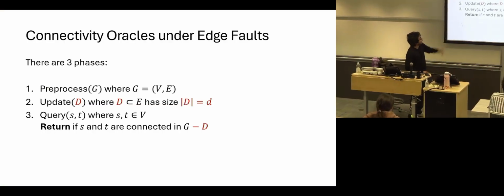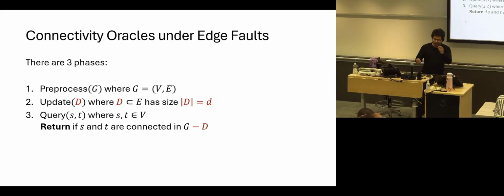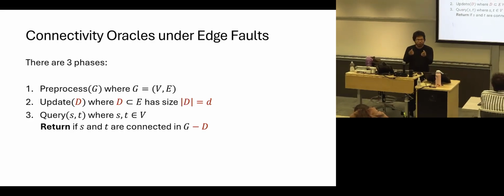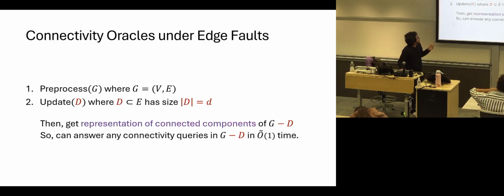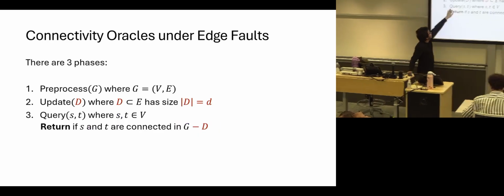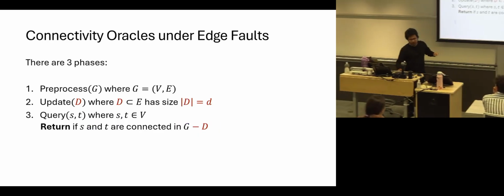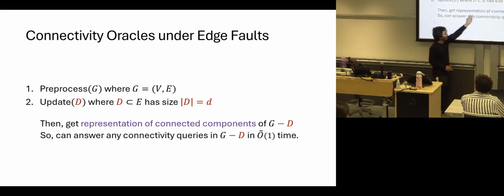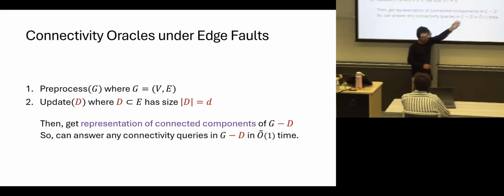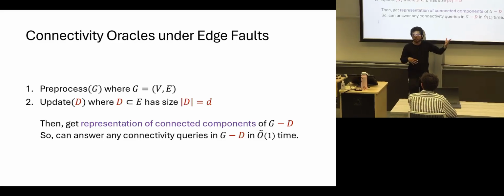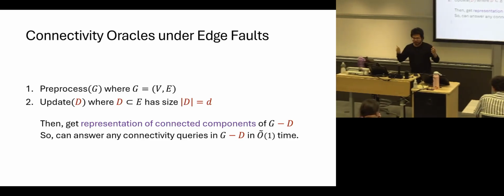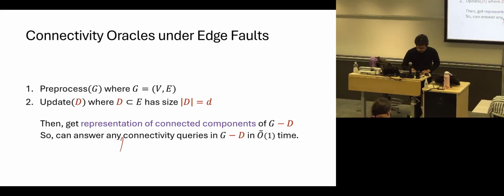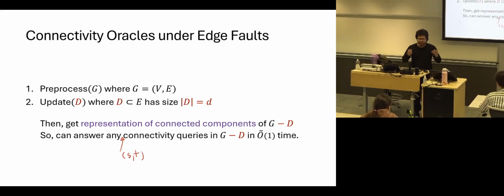So here, let's look at our original goal, where we don't actually know which S and T we will query. And what I'm going to do is something a bit stronger. Instead of preparing something here, let's say that after phase 2 we try to get the representation of all connected components of G minus D, such that given any S and T, you can query this fast.